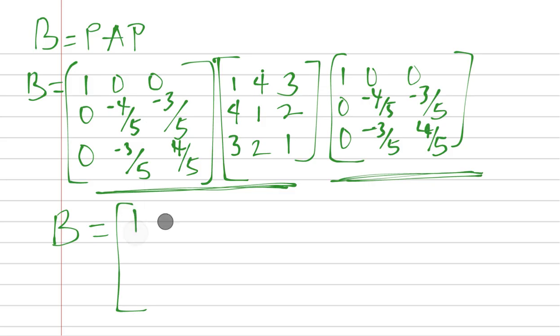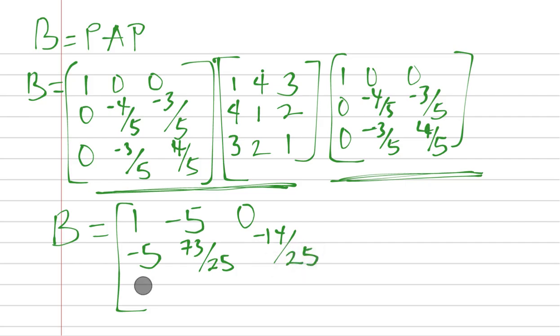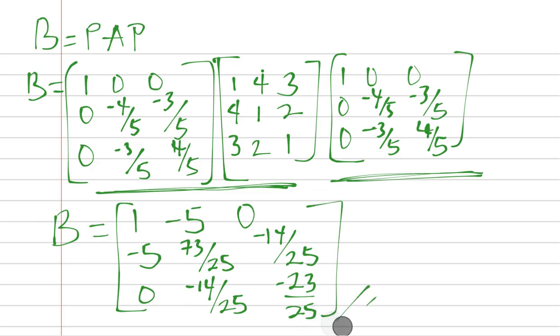You will get 1, minus 5, 0, then minus 5, 73 over 25, minus 14 over 25, then 0, minus 14 over 25, and minus 23 over 25. So this is the final answer as required.